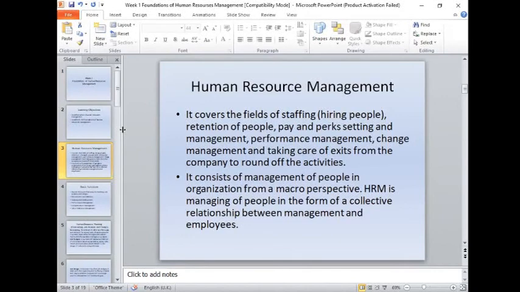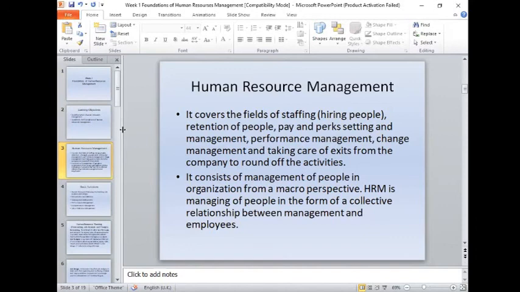Because our goal in human resources is the retention of manpower, especially people who are very productive and dedicated to perform their jobs that will help the organization in meeting its objectives. Of course, the human resource is also the human capital of the organization, and they are needed to perform particular tasks in achieving the goals and objectives of the organization.